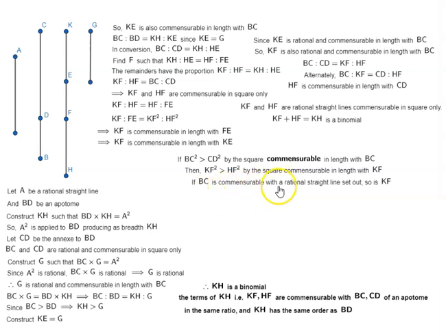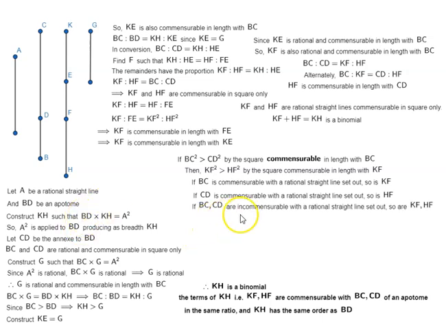And if BC is commensurable with a rational straight line set out, so is KF. If CD is commensurable with a rational straight line set out, so is HF. And if BC and CD are incommensurable with a rational straight line set out, so are KF and HF. These three statements are based on this proportion.